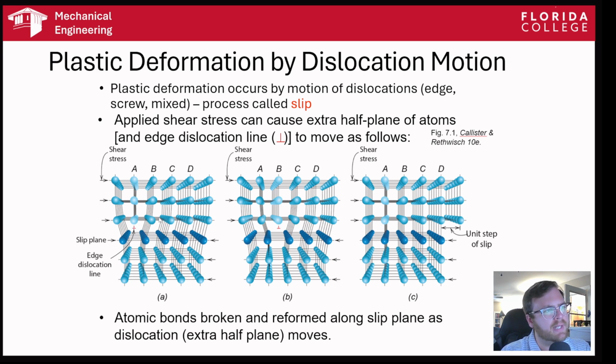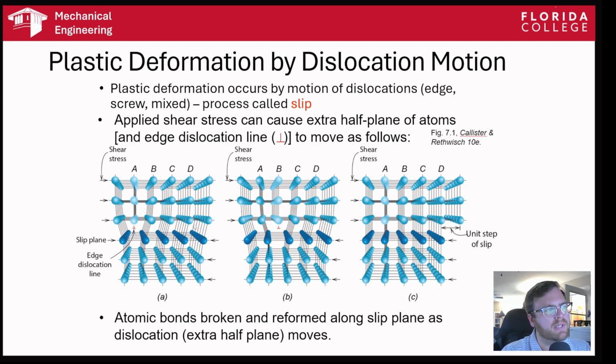What this does is it has the effect of causing a very small motion of this half plane of atoms over to this side. So these atoms will now become the half plane of atoms, right? And you can think about it as the half plane of atoms moving. That's not technically correct, but the dislocation is actually the thing that's moving, okay?